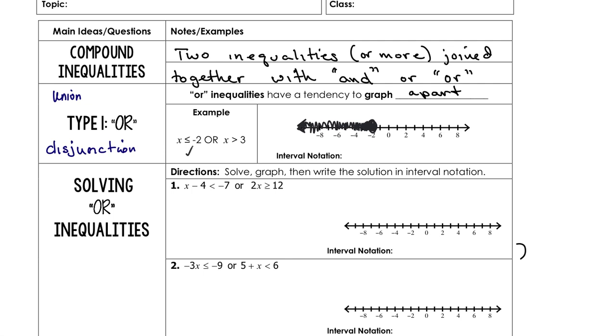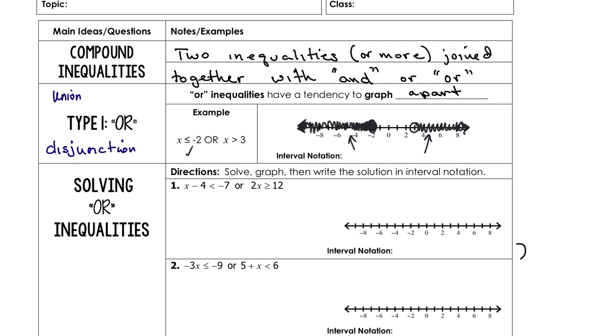Then I also go on the same exact number line. I will plot an open circle, another boundary point at 3. It says to be greater than, so I will shade this to the right. What you will find is that I've got a disconnected shaded number line, meaning that the shading from the first inequality does not connect with the shading from the other inequality.